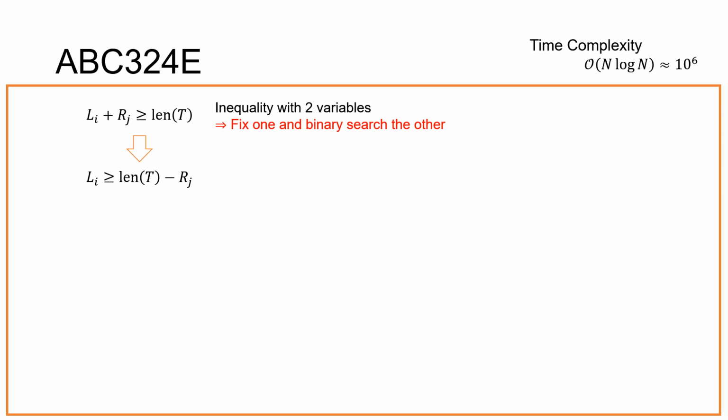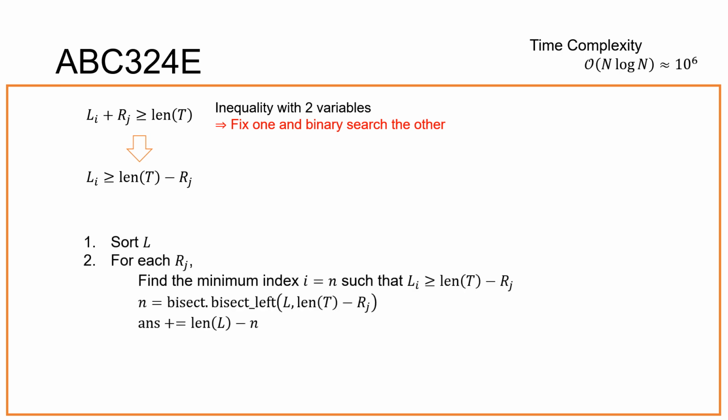In this case, we decide to fix j. Then, to binary search list L, sort L in ascending order. Next, for each j, we want to find the minimum index i satisfying the inequality. We denote it n.